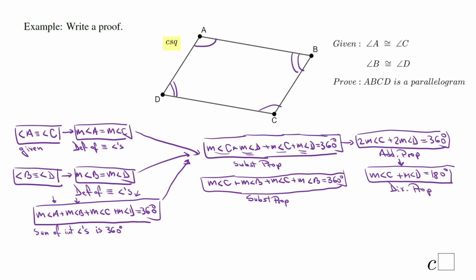And what's the meaning of this? Angles C and D are supplementary. That means AD is parallel with BC, and that will be the converse of the consecutive interior angles, or same side interior angles.